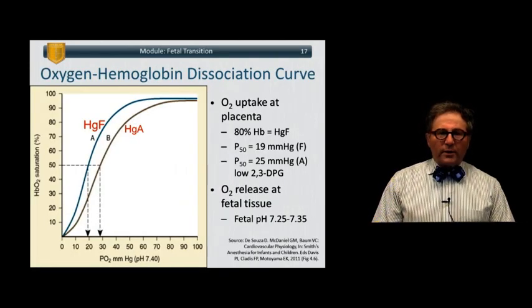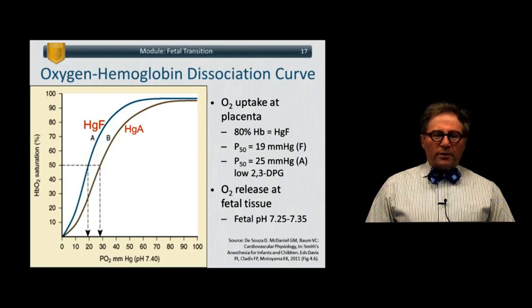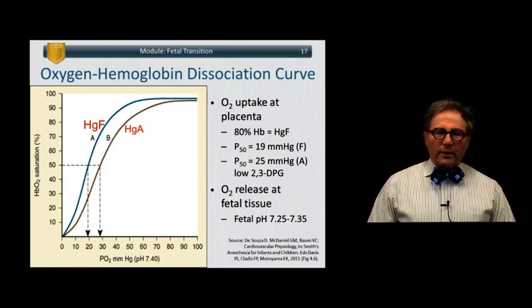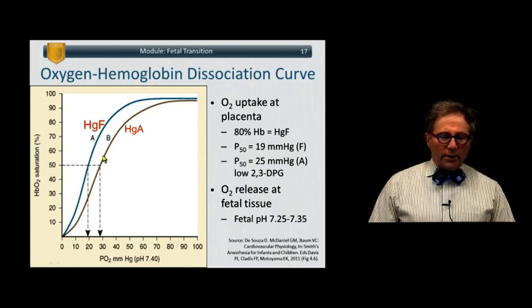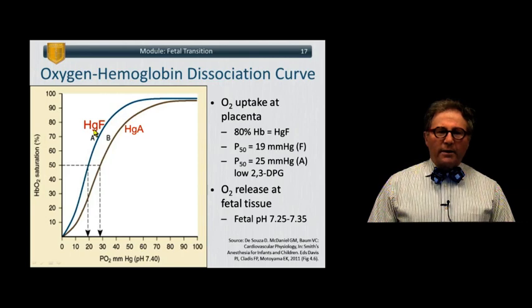To help oxygen be delivered to the fetal tissues, it's important to understand there's a large difference between hemoglobin F in the fetus and hemoglobin A in the adults.